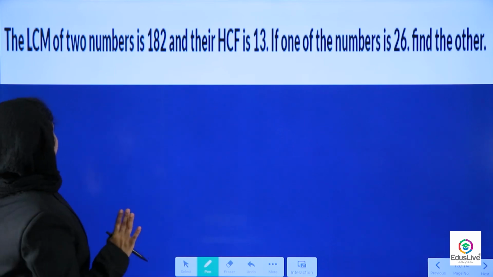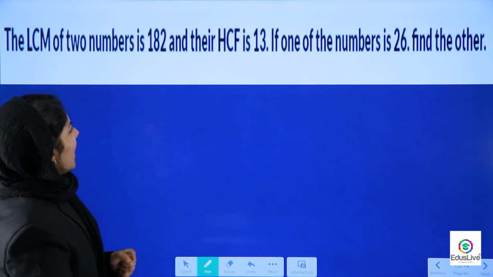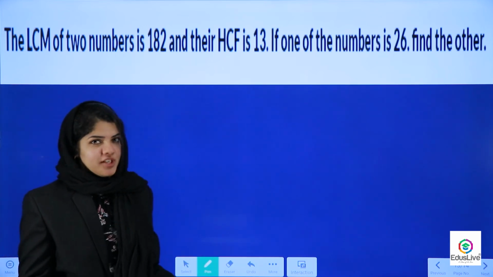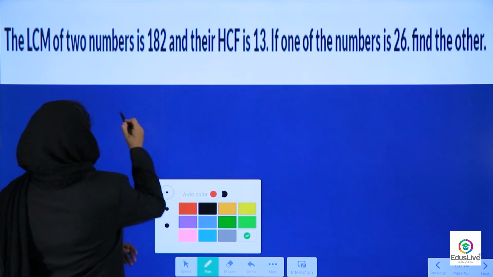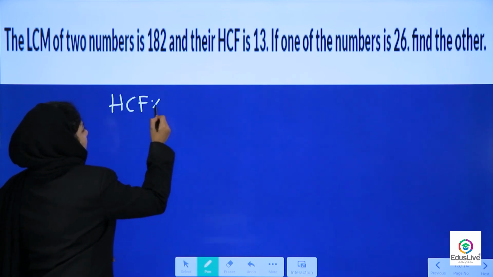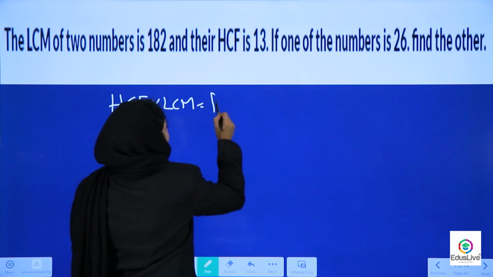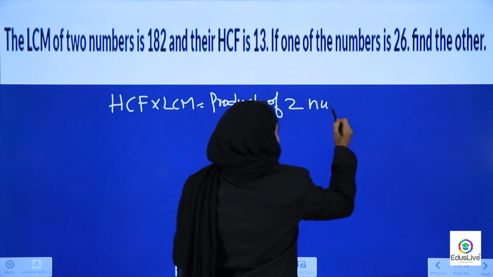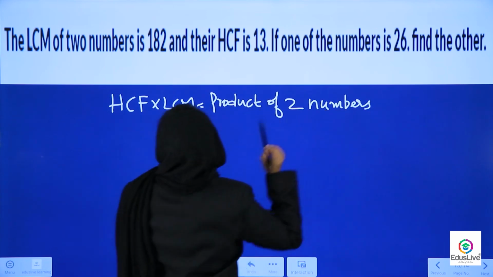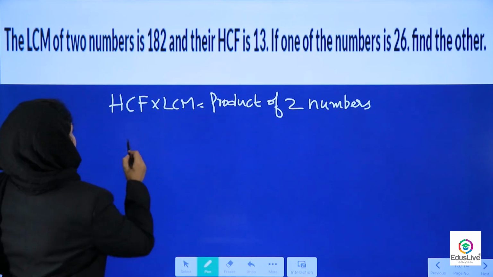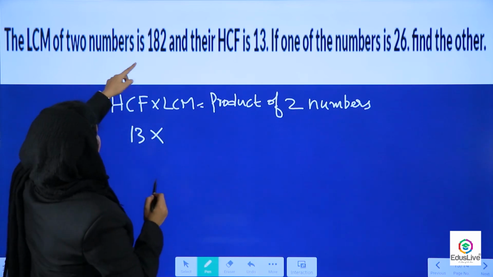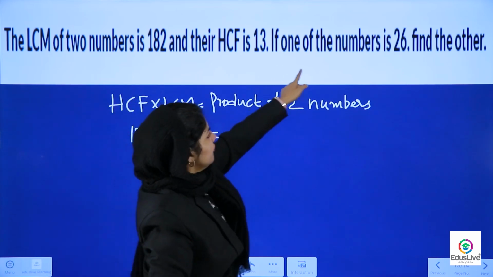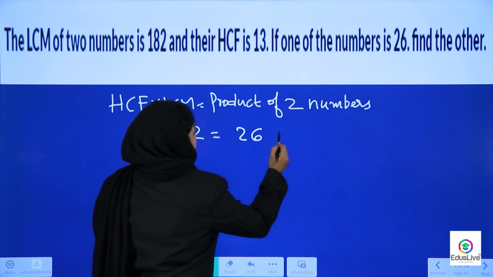Next question. The LCM of two numbers is 182 and their HCF is 13. If one of the numbers is 26, find the other. It's a direct question. We know the formula: HCF times LCM is the product of two numbers. HCF is 13, LCM is 182, and the first number is 26.